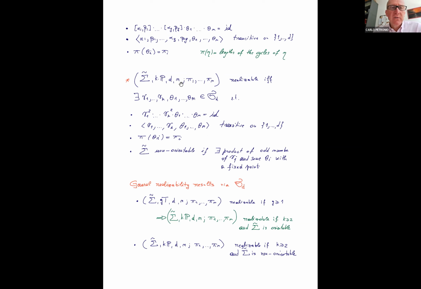Of course, if G is positive, you have greater flexibility for the choice. And so, using this and some algebraic lemmas in the symmetric group on D elements, they showed the following.